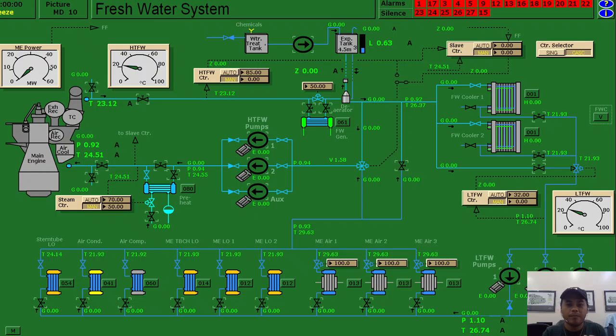Pangatlong purpose is para lahat ng hangin na na-create during the temperature change in our cooling, dadaan siya ng deaerator, since mas magaan yung bubbles or hangin kaysa sa water, so automatically aakyat lahat ng ating mga gases na makikreate due to the temperature change. Akyat lahat doon sa expansion tank. And then doon na mag-expand yung liquid natin in case na may mga bubbles or yung temperature ng water is nag-expand. So, tataas doon sa expansion tank na siya mag-expand.